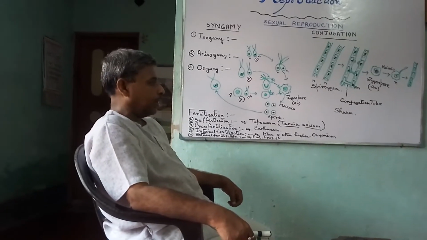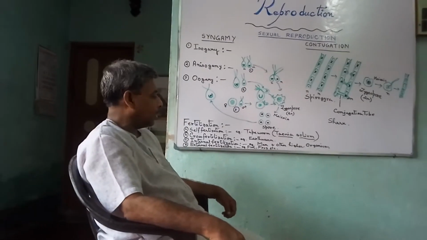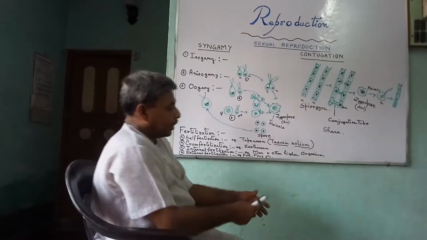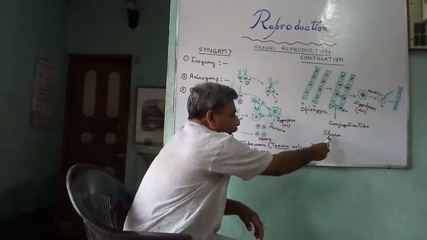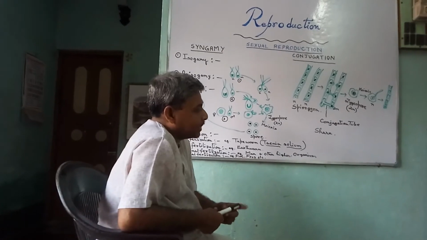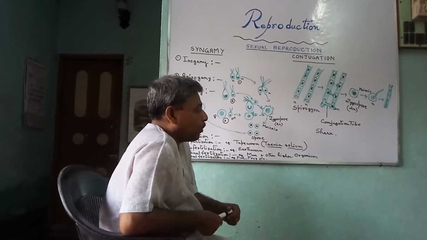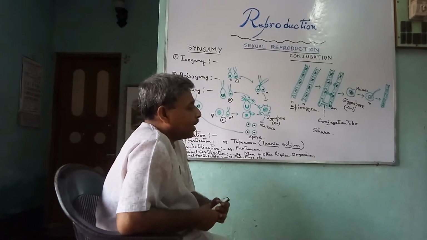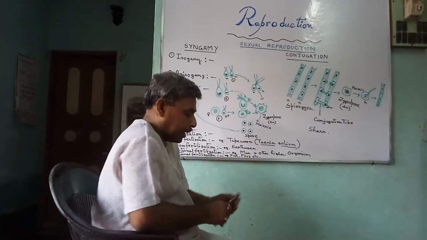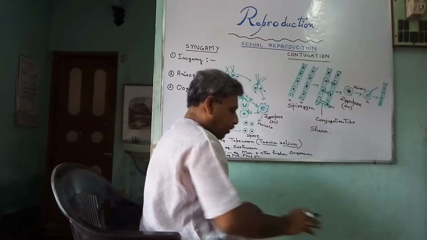And when the baby grows within the body of the mother but still it is not dependent for nutrition on mother, then that is called ovoviviparous fertilization, and the animal is ovoviviparous in nature.